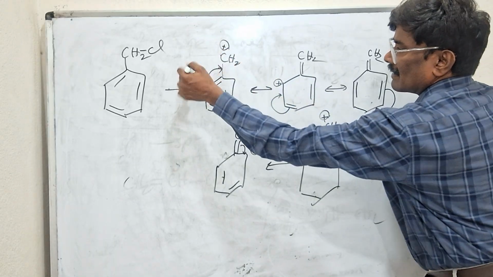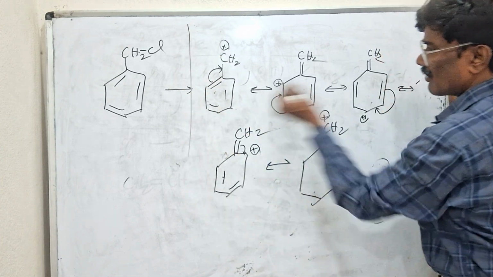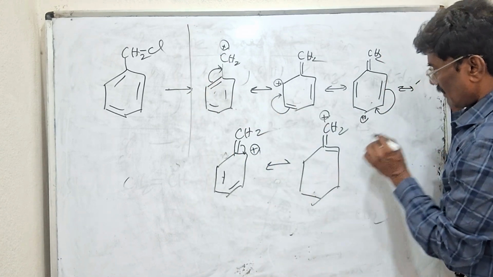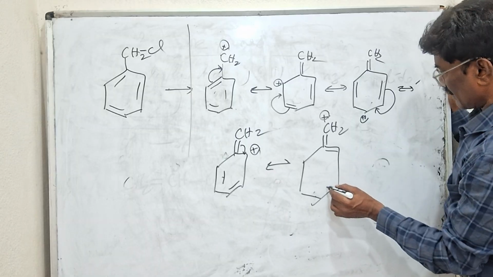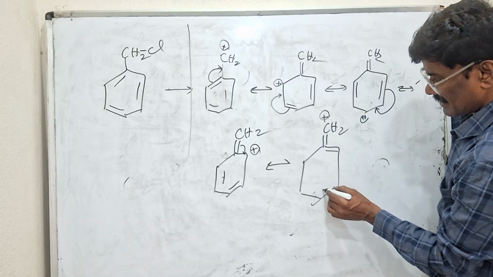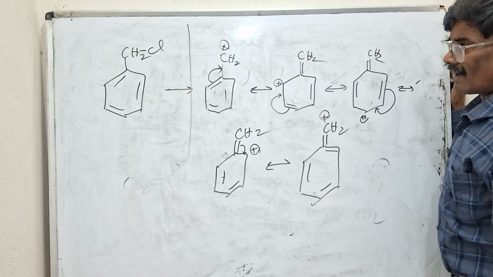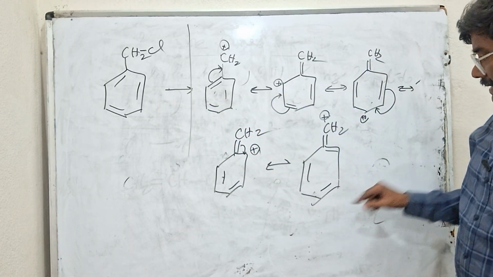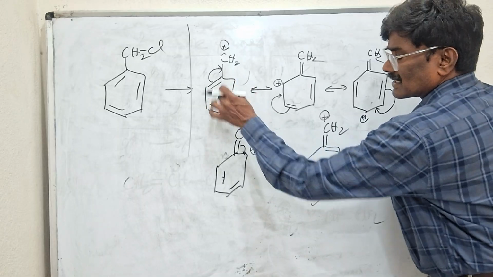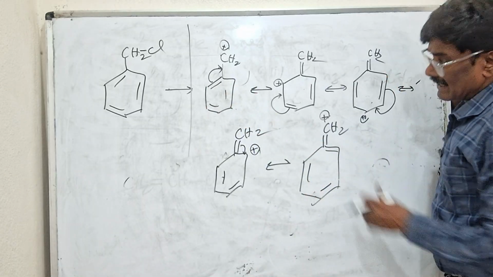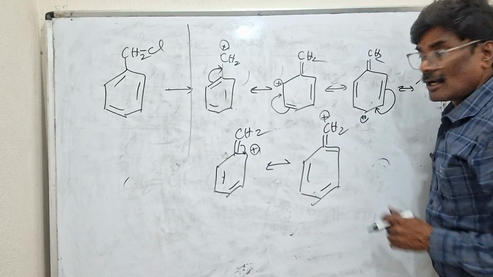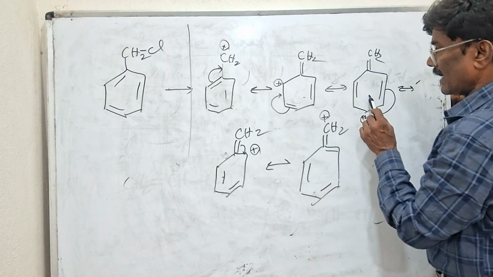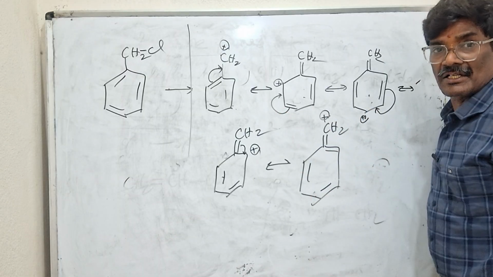From here on, only resonance structures repeat. What is the difference between the first structure and this structure? Just the position of the double bond in the ring has changed, even though they are resonance structures. Total: 1, 2, 3, 4, 5 resonance structures.